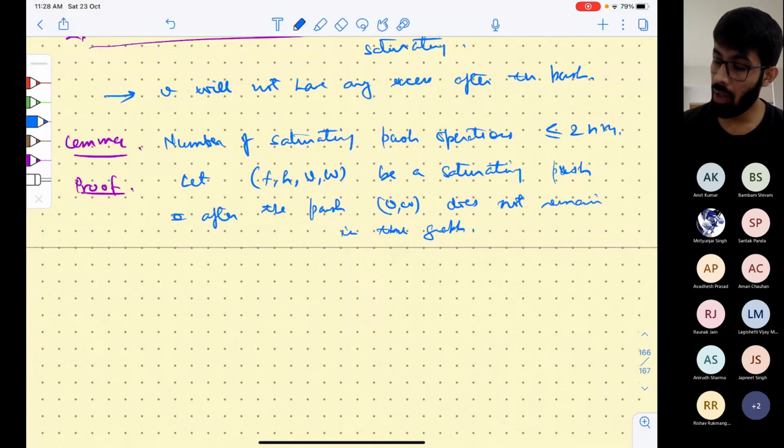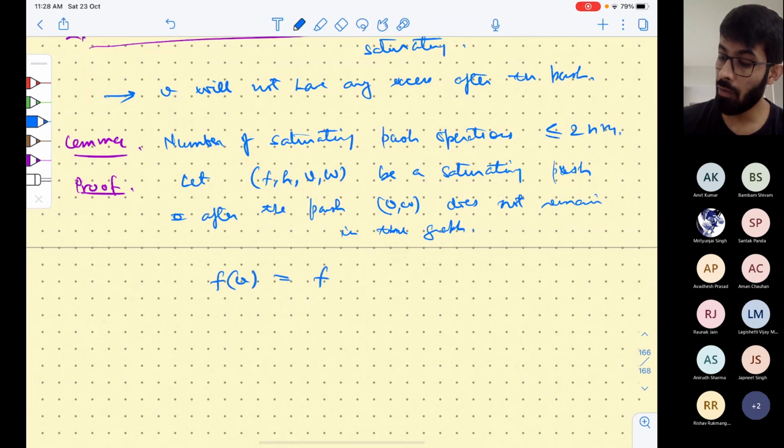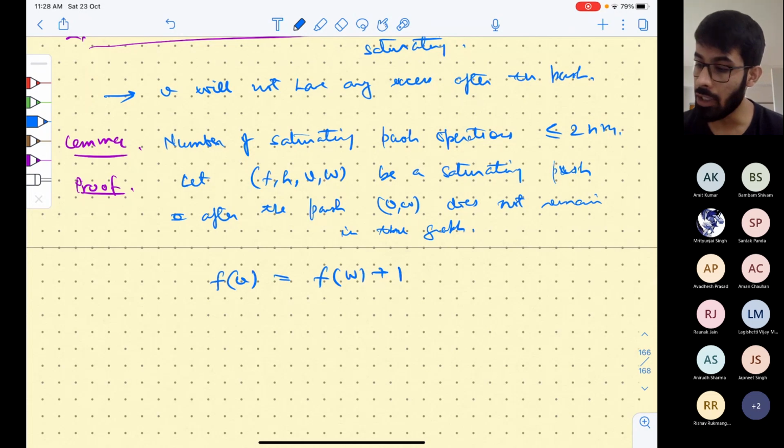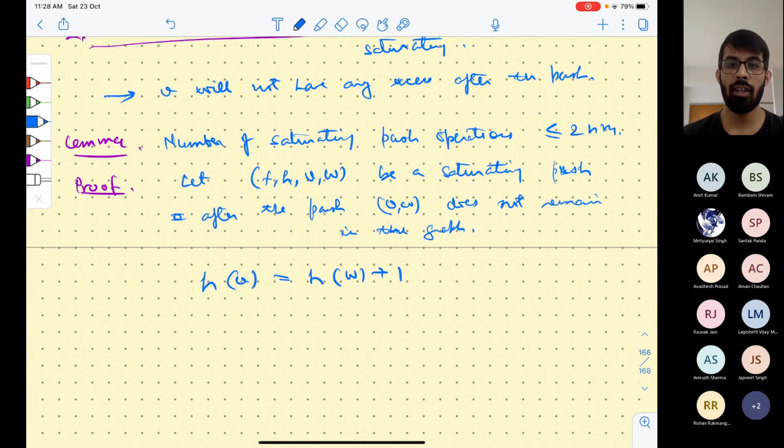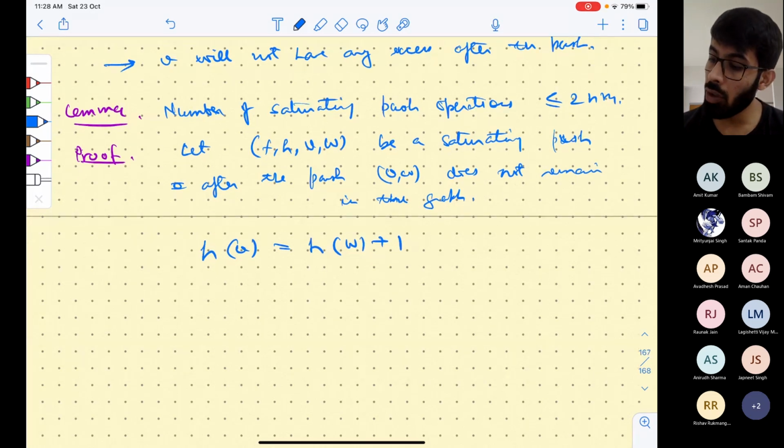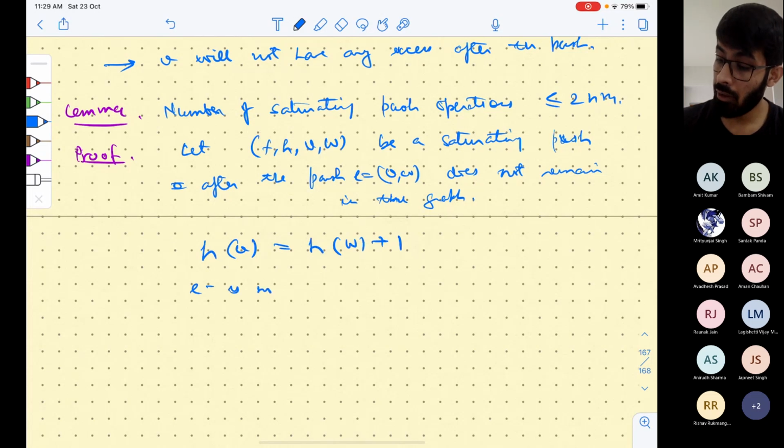So, and also what do we know? That F of V is equal to F of W plus 1. Oh, sorry, H. This also we know, right? And we know that this edge, so let's call it E. And E is not in GF, right?